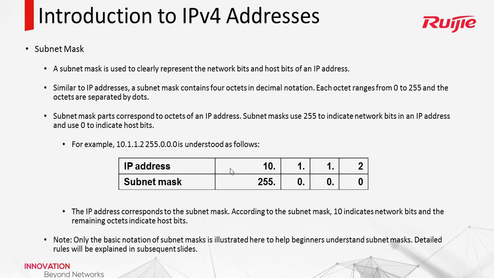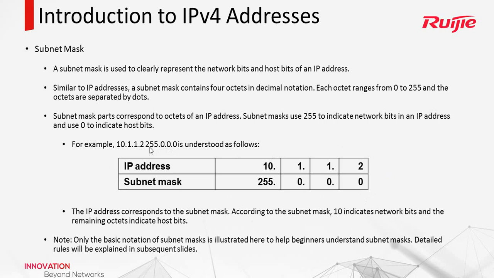This format means the 10 will be the network bits, because the subnet mask 255 means all of them are 11111111. It means this is the network bits, but the others are 000. So it means 1.1.2 will be the host bits.